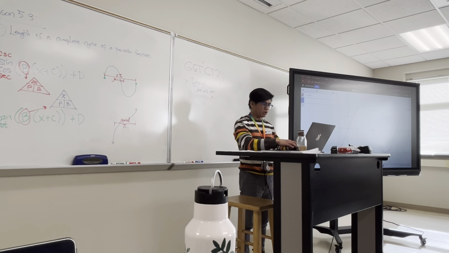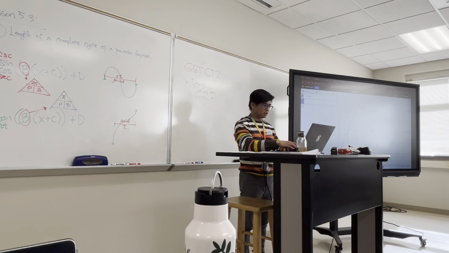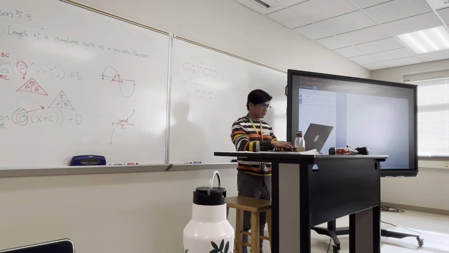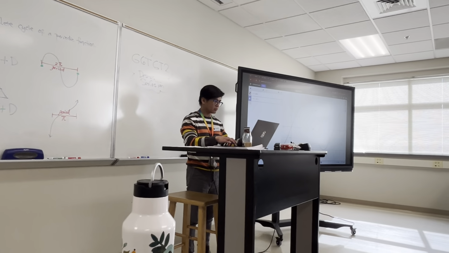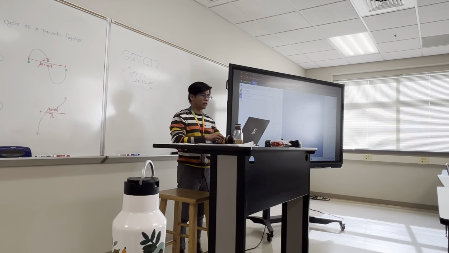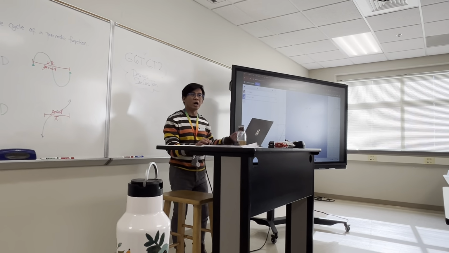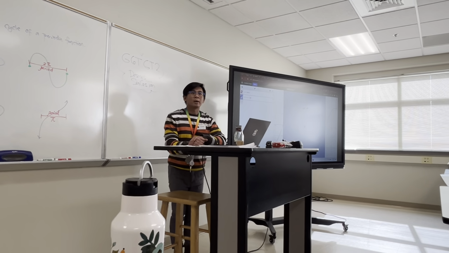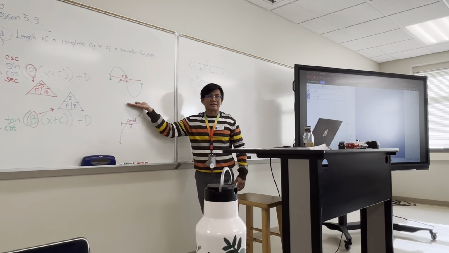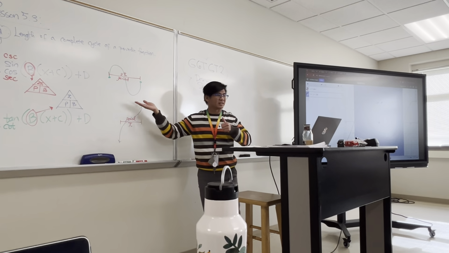I'm going to put in here 0 less than or equal to x less than or equal to 2 pi. As you may notice, in there is one entire period or rotation for a sine. Are we good? Get it?